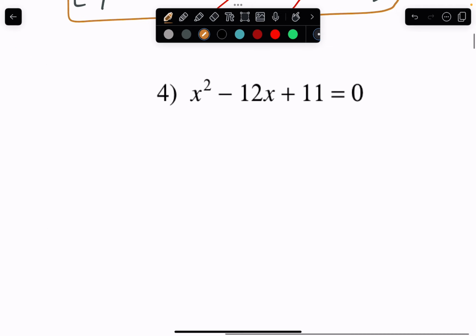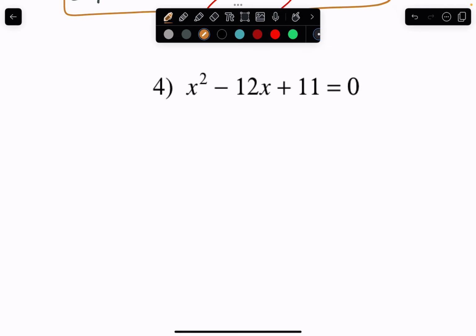Okay, number 4. x raised to 2 minus 12x is equal to negative 11. Divide both sides by the coefficient of the term with the highest degree, which is just 1, so nothing changes. Let's look at the second term's coefficient. We divide by 2, so that's going to be negative 6. By the way, we consider the negative sign as part of the second term. Why?